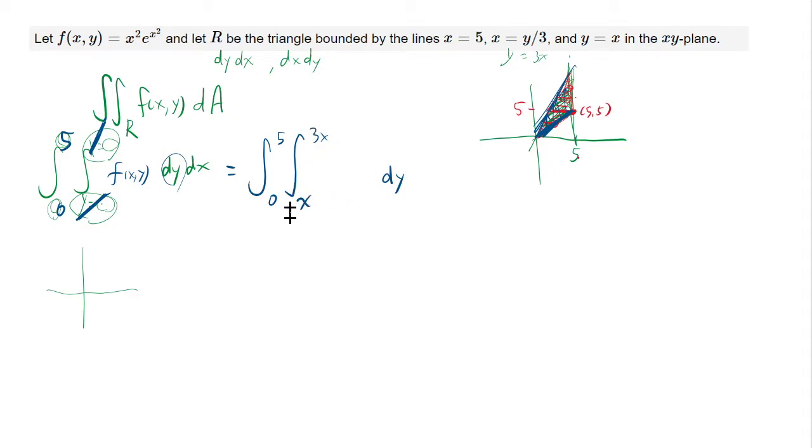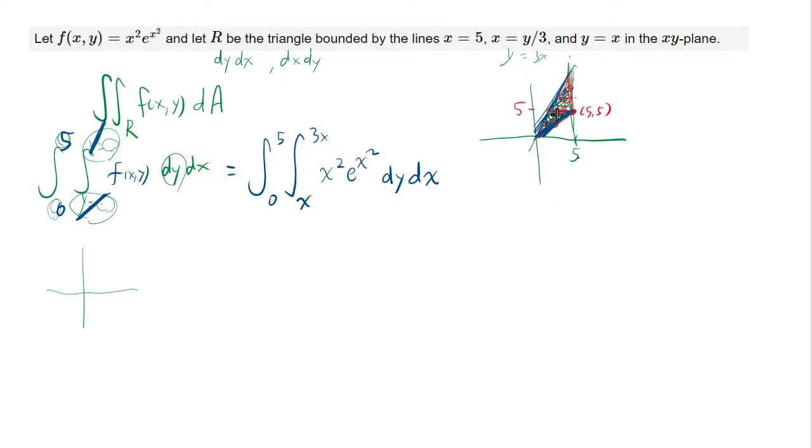So even if you see just x and 3x, you should always think of it as y equals x and y equals 3x. Then you also have dx, so you have dy dx, and the function you're integrating is x squared e to the x squared. So that's how you represent this using dy dx.